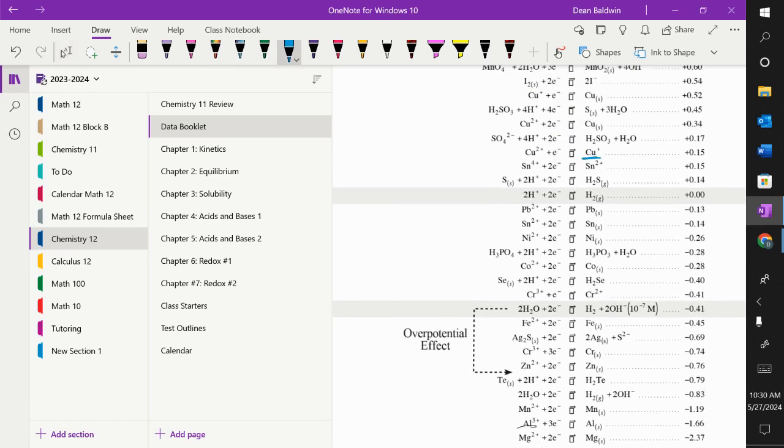So copper, there it is right there. Copper can pick up an electron to become copper solid, or can donate an electron to become copper 2 plus. So there are things that can gain or lose an electron.